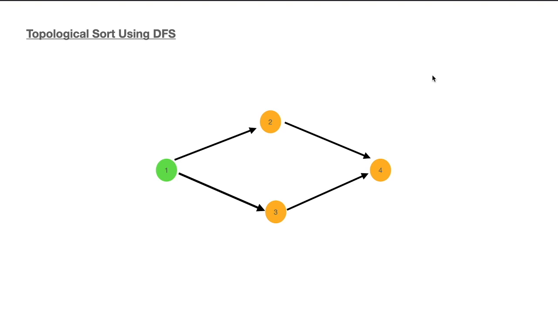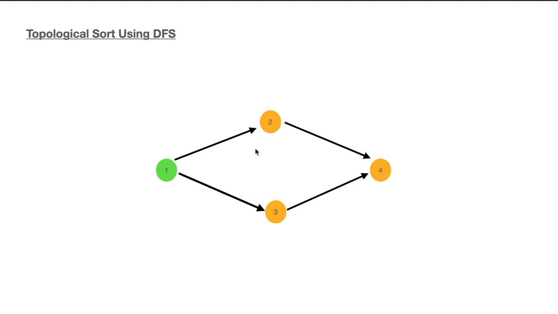That is, once there are no more unvisited children to explore, we keep track of that particular node, and eventually at the end of this procedure we'll be getting the topological sort. So let's see this in action. I just start with 1. I call DFS on node 1, and node 1 has two children, that is 2 and 3.